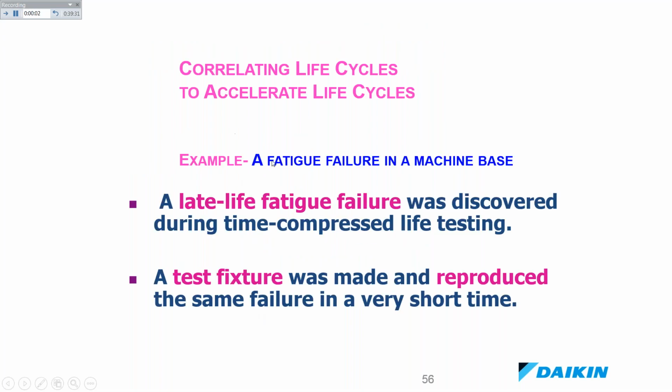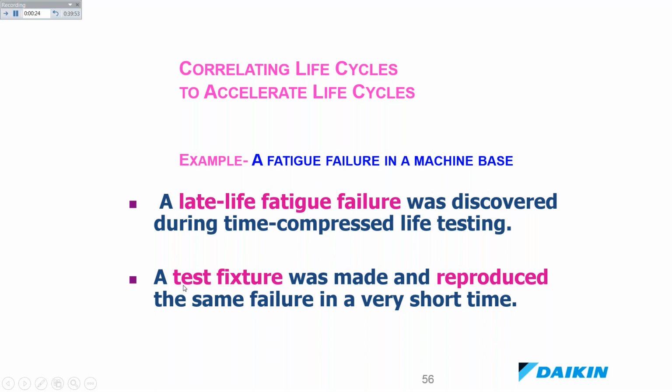So I have a real life example. I experienced a very late life fatigue failure, like in a 20-year design life product, a 15th year failure. And what we did is we made a test fixture. So this one is in washing machines, the washing cycles is the real life design life.